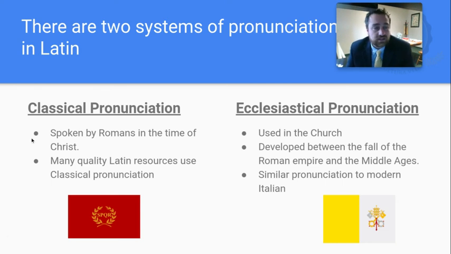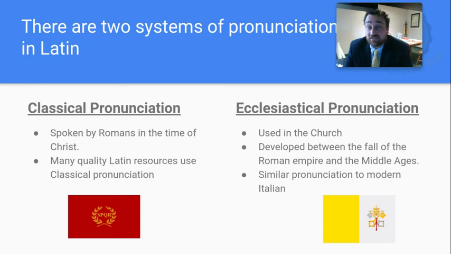Another reason that you want to be exposed to classical pronunciation is that many quality Latin resources use it. Sometimes Latin is taught just as a way of taking what's written on a page and interpreting it, and so there really is no sound involved. It's just, I see this written word and I know it means this.